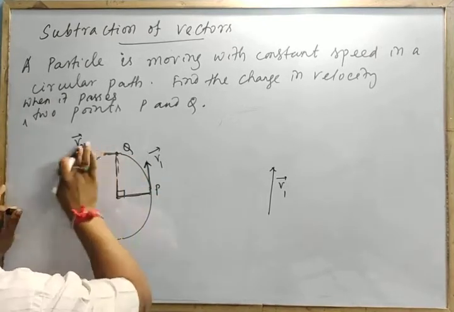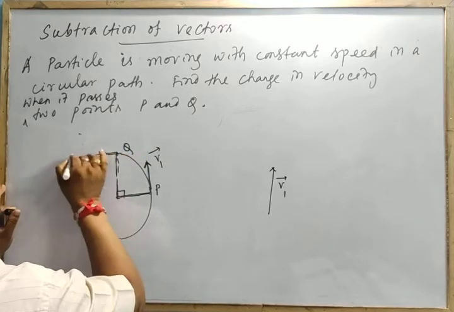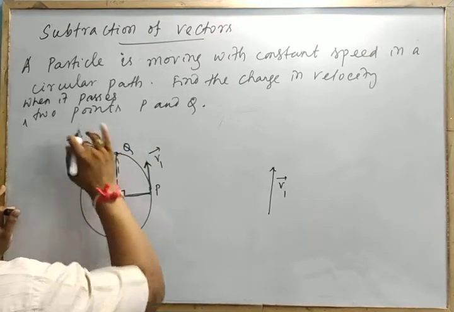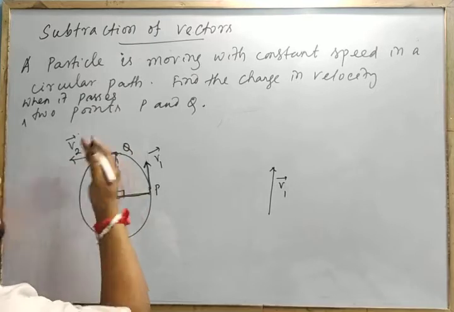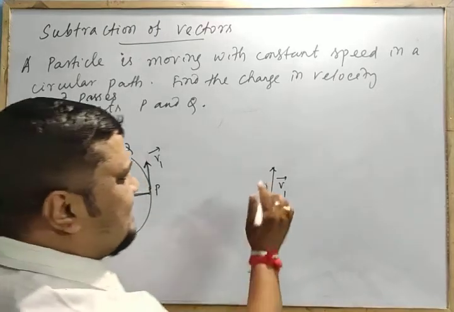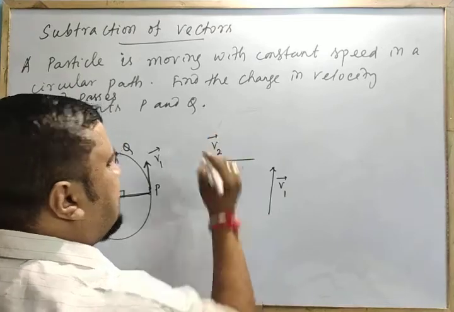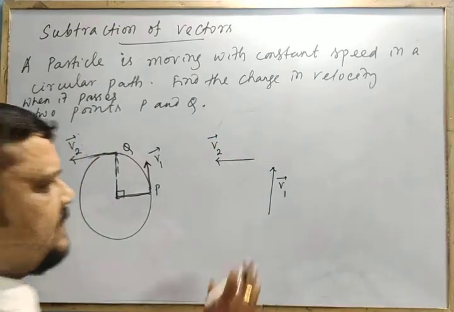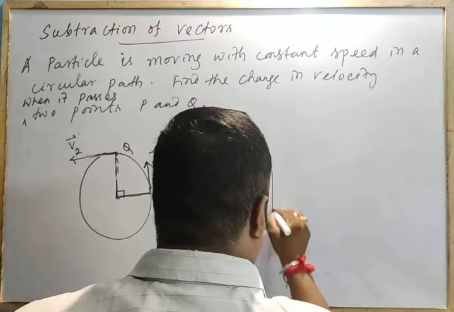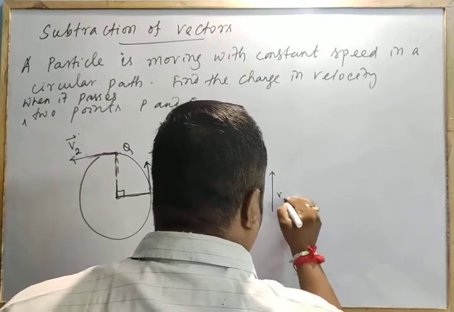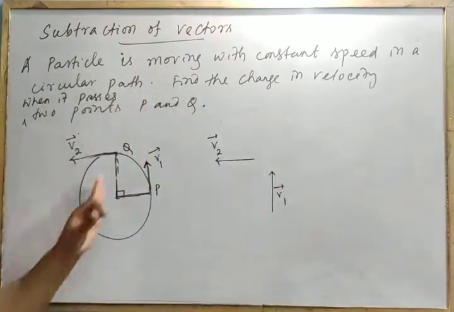For that, it is very easy for us. Otherwise, I have to take theta. So V1 is this one, and V2 is this one. They are actually different vectors. Clear? V1 is this one, and this is V2. It is given here.